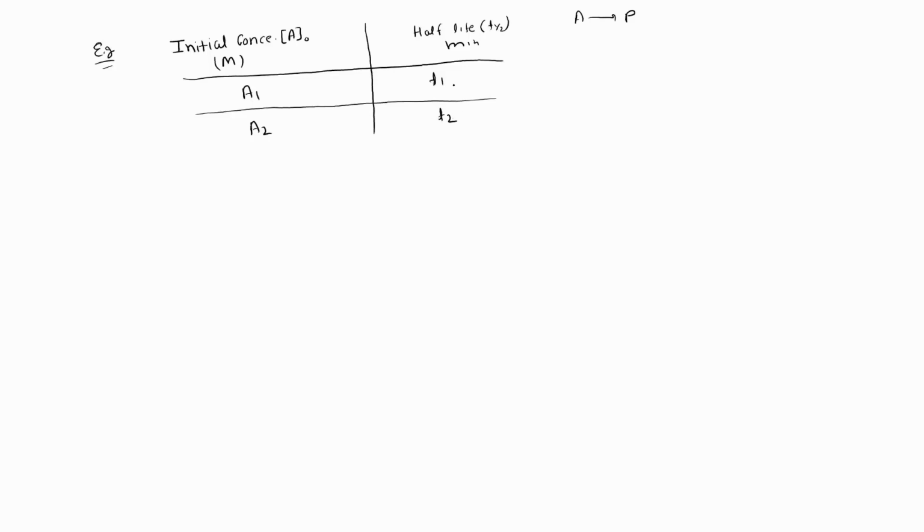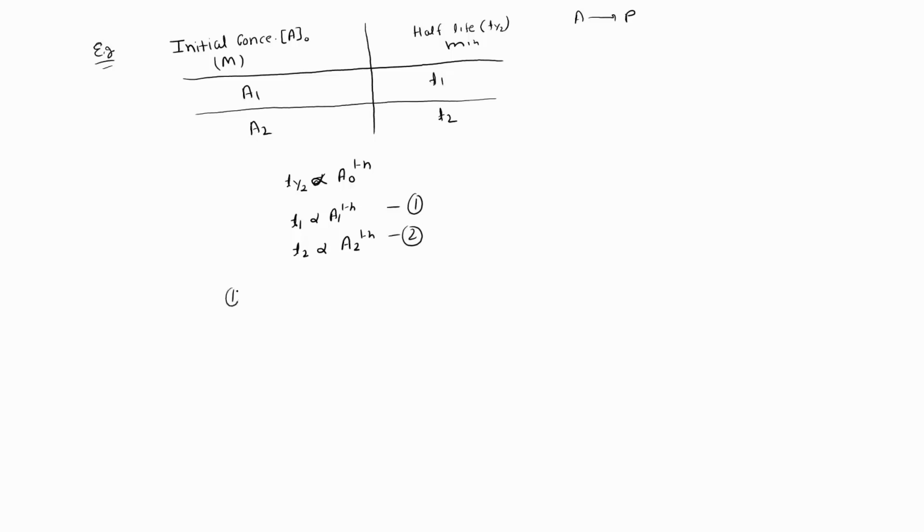If this type of data is given, you have to use the equation T half is directly proportional to A naught to power 1 minus n. So if we use these two data, then T1 is directly proportional to A1 to power 1 minus n, and T2 is directly proportional to A2 to power 1 minus n. We have these two equations.